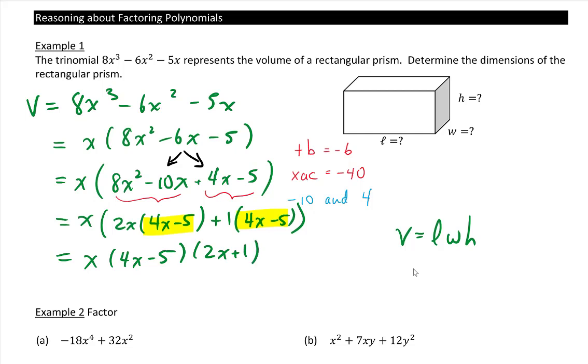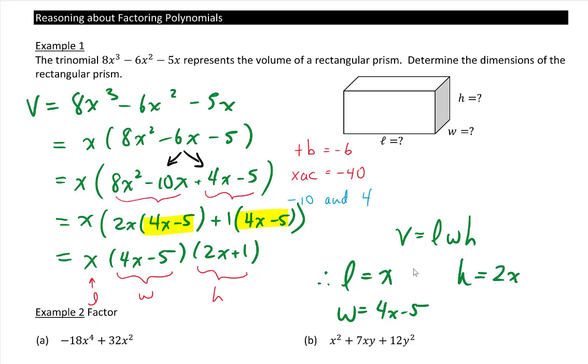So we can take our x to be our length, this to be our width, and this to be the height of this rectangular prism. So therefore, the length equals x, the width equals 4x minus 5, and the height equals 2x plus 1.